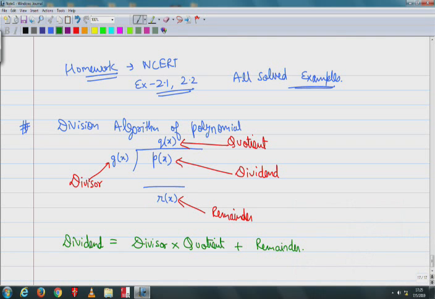Or you can also say like this: p(x) is equal to divisor g(x) into q(x) plus r(x). This is called the division algorithm. Note it down.